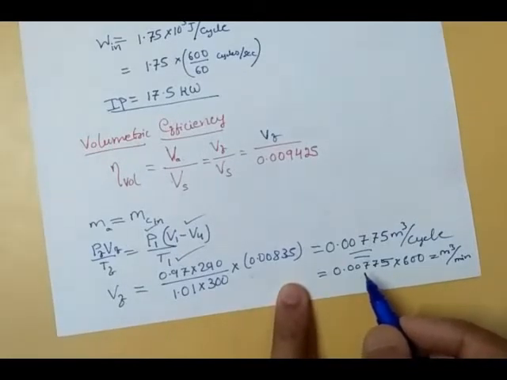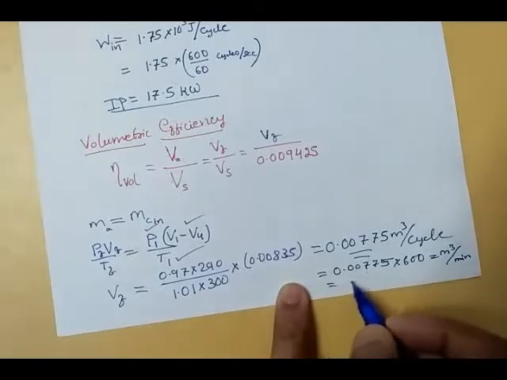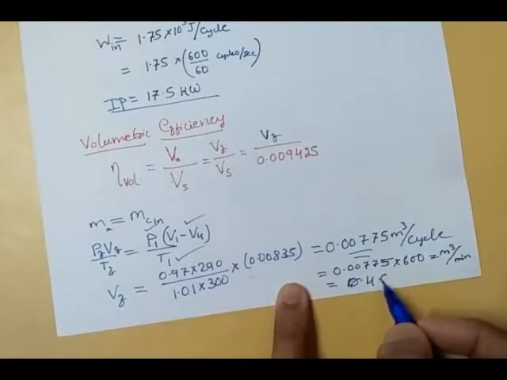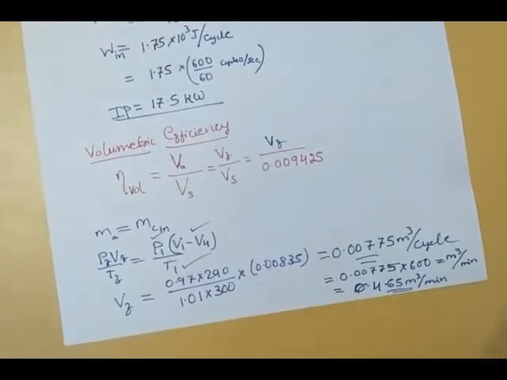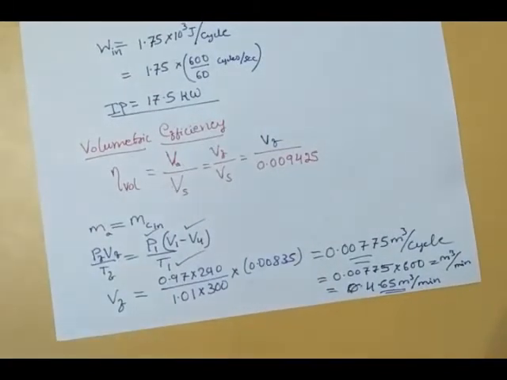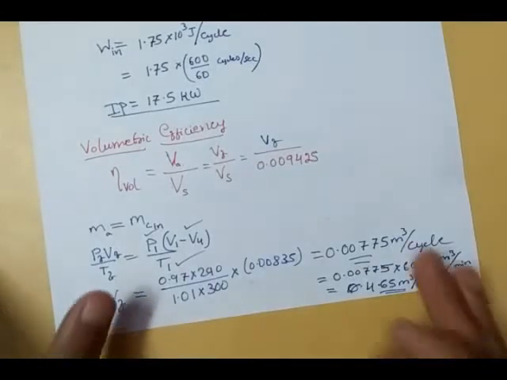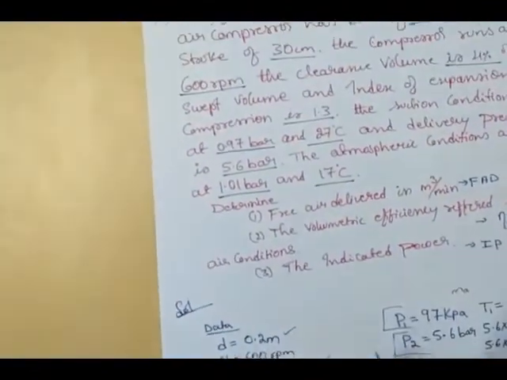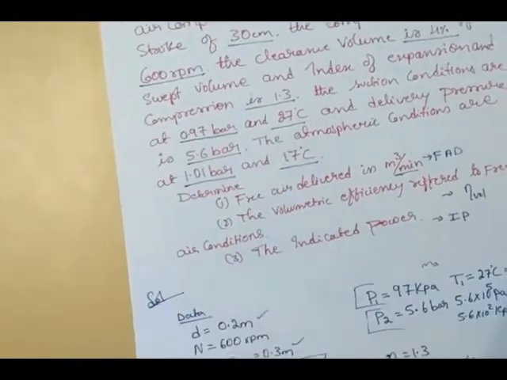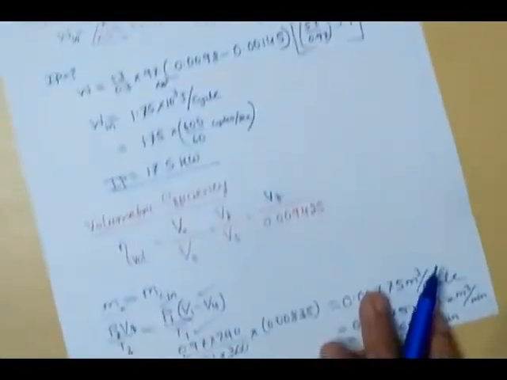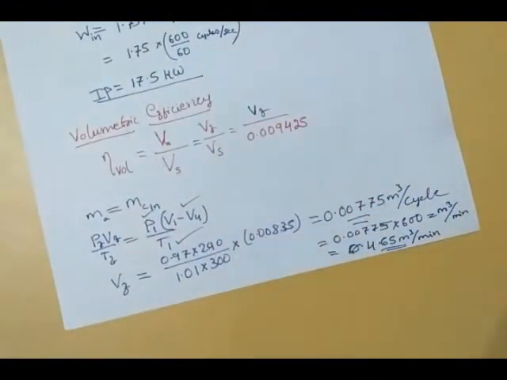That value is 4.65 meter cube per minute. So this is actually the free air delivery. This is the answer for the first question, free air delivered in meter cube per minute. They have asked per minute, and we have got the answer per minute: 4.65 meter cube per minute.